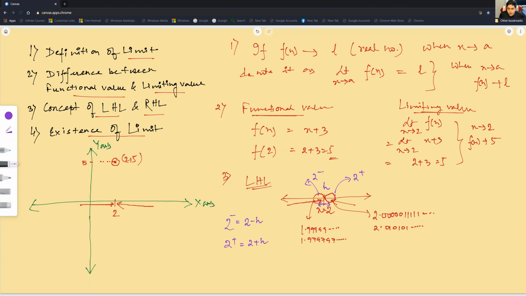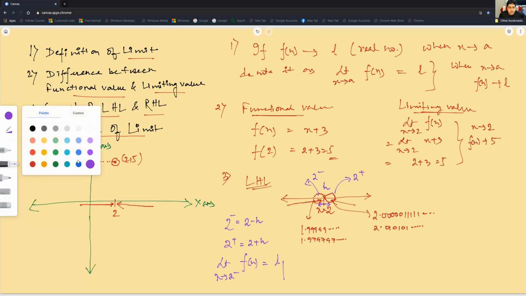That is, all the points on the right side of 2 have some distance, and the distance is very small, so we can say that 2 plus equals 2 plus h, right? So LHL, if I take the limiting value as x tends to 2 minus on that function f of x, you will get a value L1, let's say.